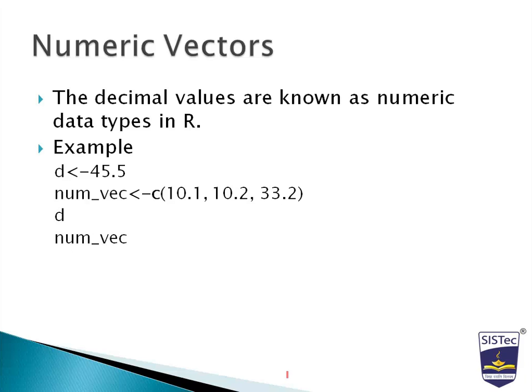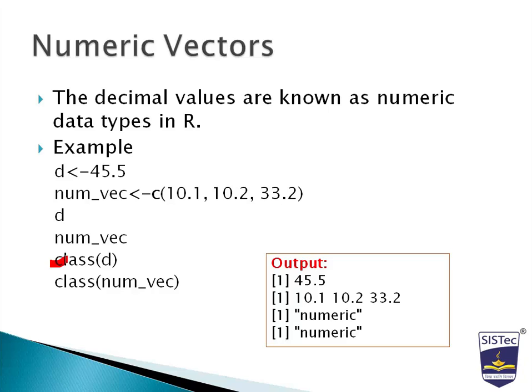Here we display d and the number vector, and use the class function to find out the type of each variable. You may be surprised that without the c function, 45.5 is directly assigned to d as a numeric value. By default this value is numeric, and here we also create a numeric vector. So this type of data is called a numeric vector.